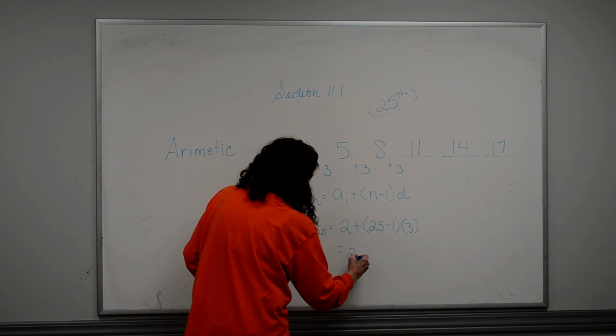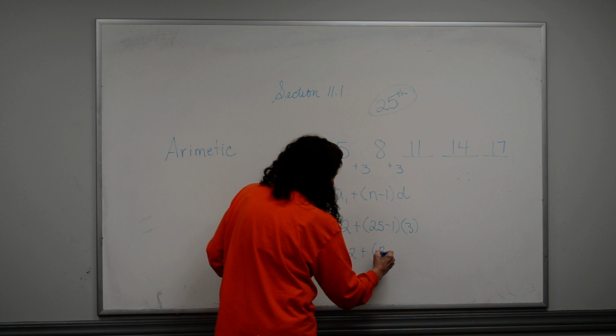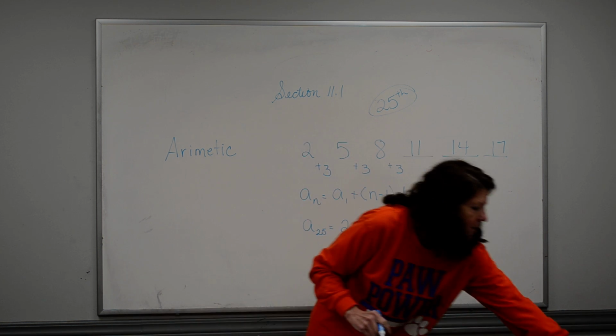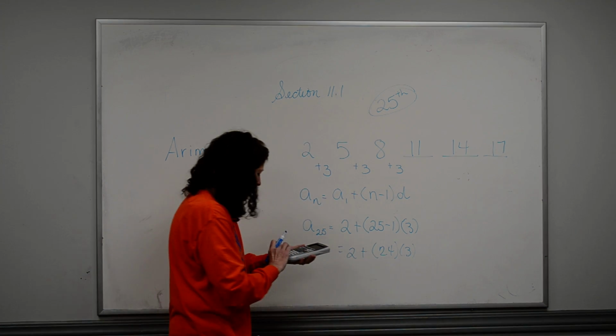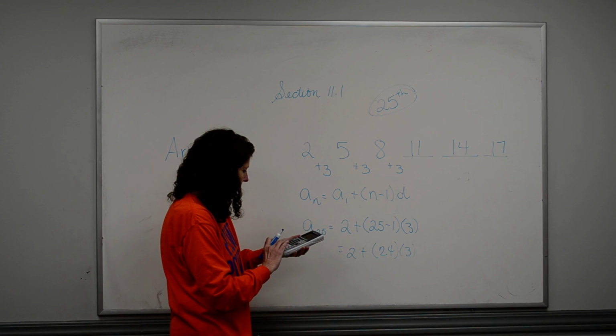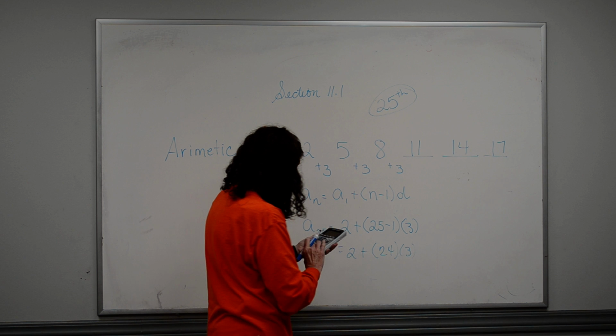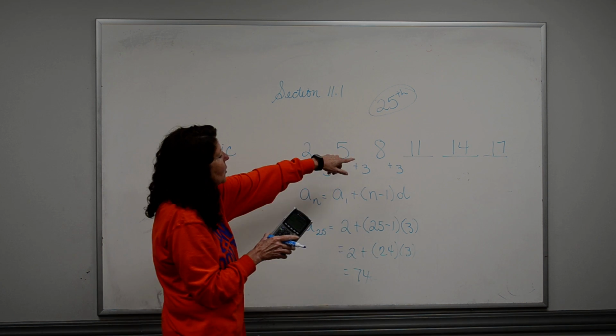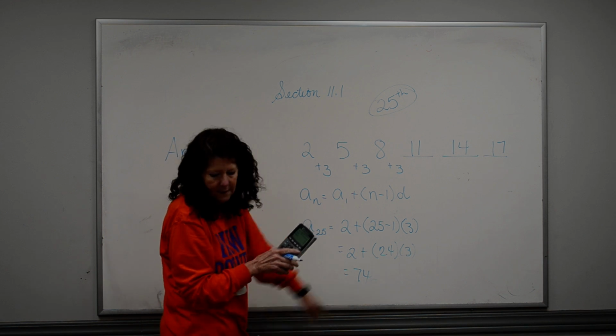So I would have 2 plus 24 times 3. Now don't forget to do your multiplication first here. So I have 24 times 3 plus 2, which tells me that the 25th term of that sequence would be 74.